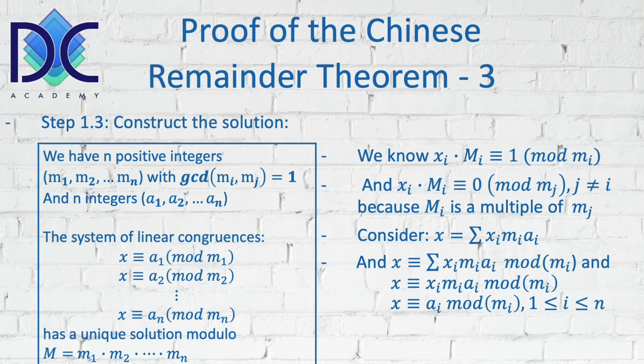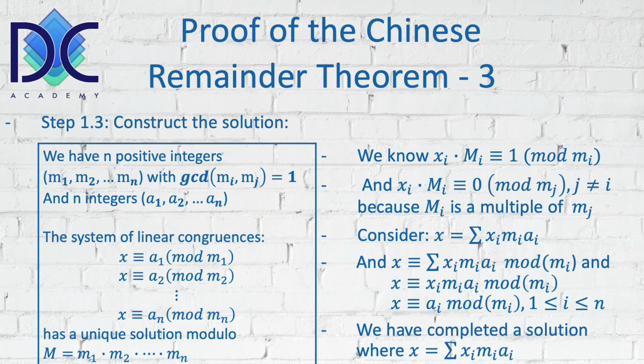So basically, we find only one element which is not 0 modulus mi, which is xi Mi ai, and we can say that x is congruent with ai modulus mi, for i between 1 and n, because we know that xi Mi is congruent with 1 modulus mi.